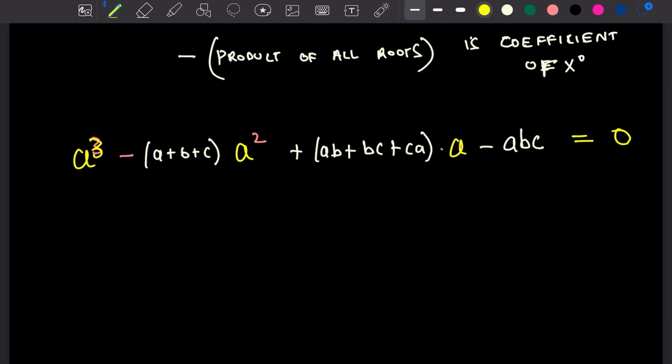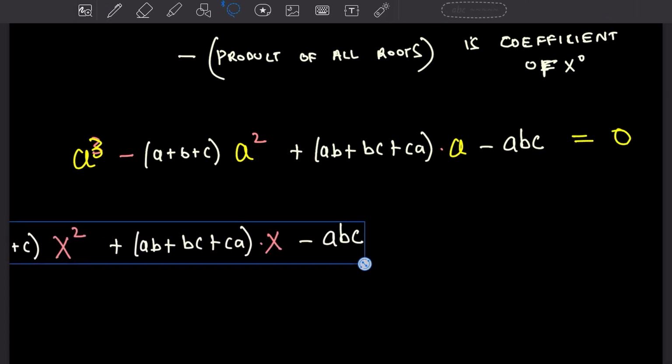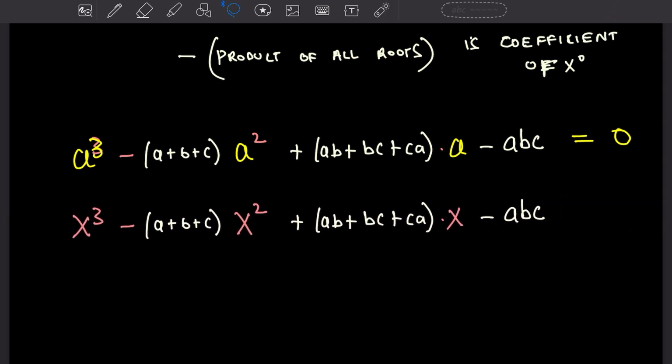Similarly, I'll plug in b, so this is also 0.